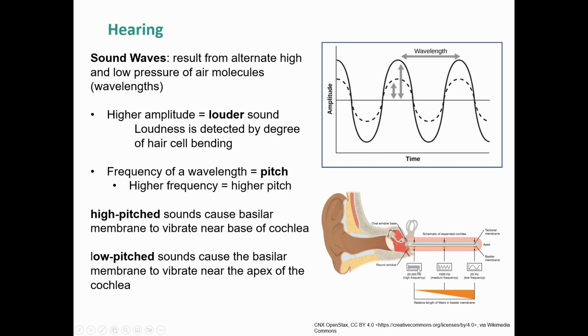High frequency, so high pitch, is going to cause the basilar membrane to vibrate really close. Whereas as the pitch lowers, the frequency becomes medium or low, we see those peaks get further and further apart. We see that the basilar membrane vibrates further and further down the line.